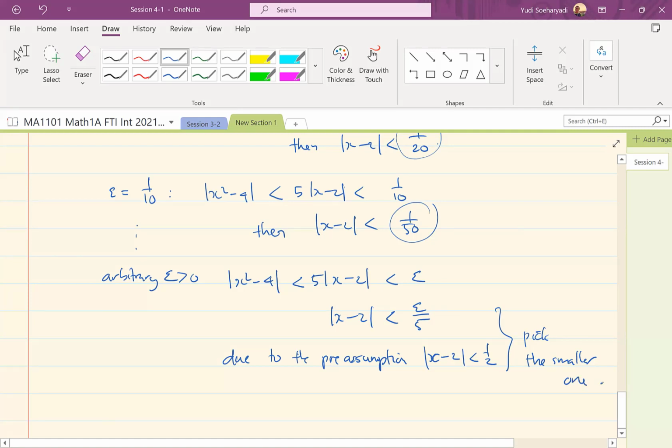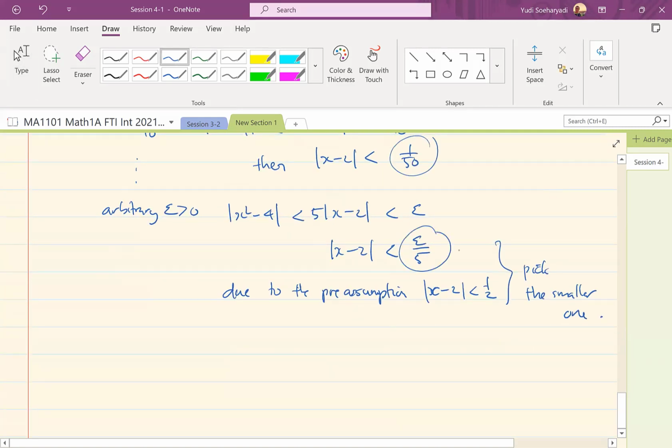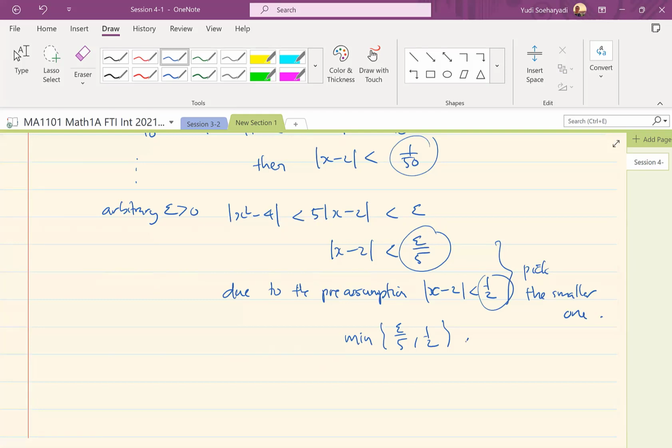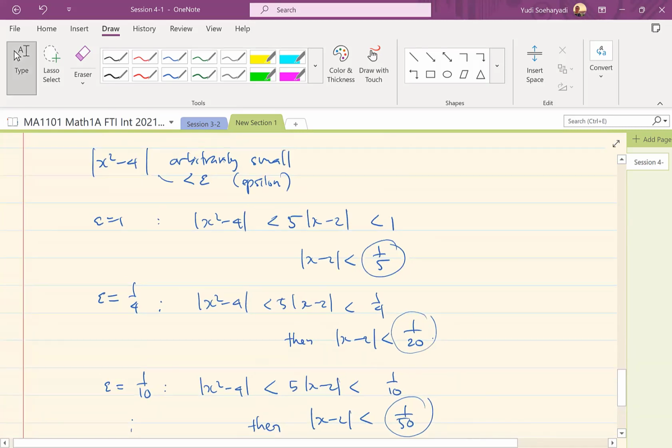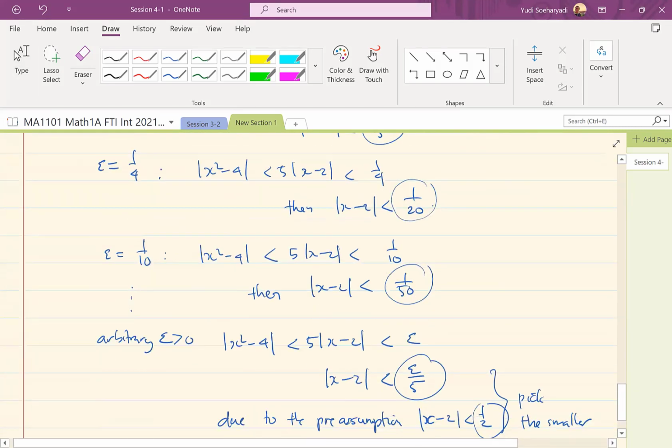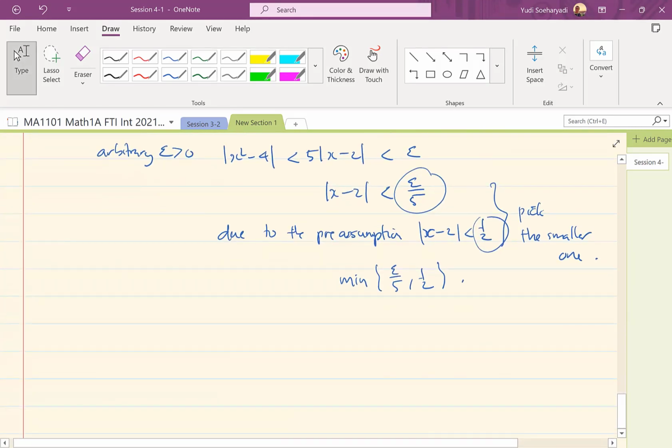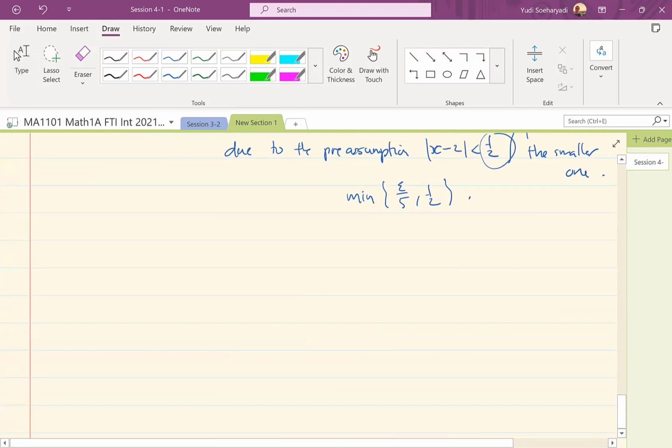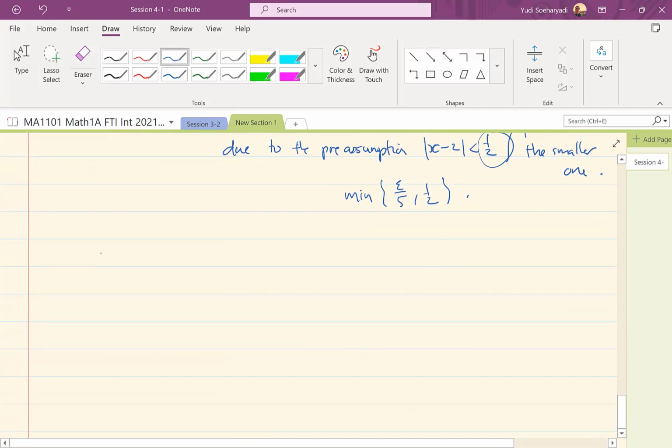Okay, so in this case it would be the minimum between this and 1/2. Okay, so that's the example of what is meant by arbitrary small. Okay. So basically that's the definition of limit. Rigorous definition of limit.